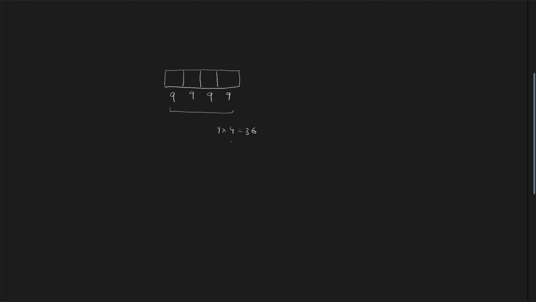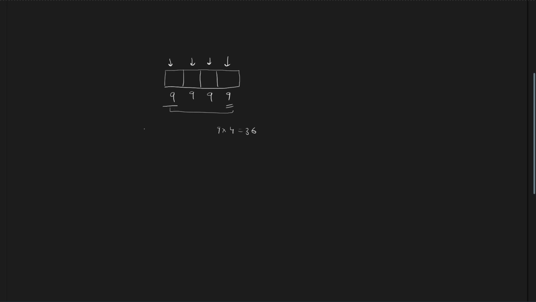If I want to form any sum less than 36, and I want the number to be smaller, it is always optimal to reduce the leftmost digit first, or the digit that has the highest place value. This digit has the highest place value, then this digit will come, then this digit, and this is the units place digit, so it has the smallest place value. So it's always optimal to reduce the digit which has the highest place value first.